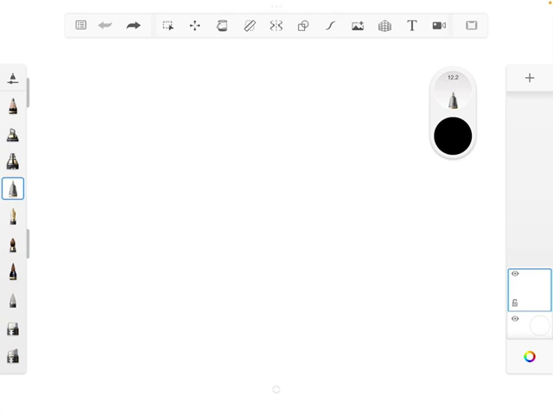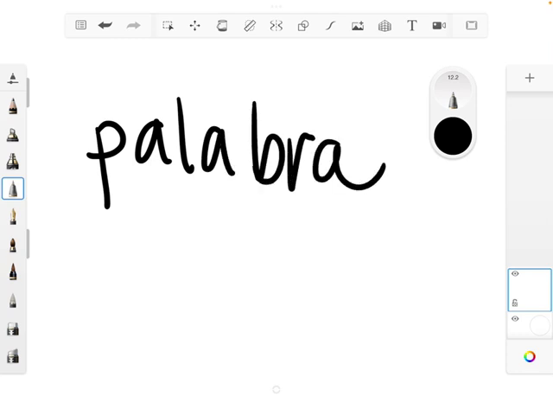So a word that does not have an accent will always stress the second to last syllable. So for example, this word, in a word that has no accents, you always stress the second to last syllable. So when you're pronouncing this, you count your syllables. And a syllable is basically where you break the word based off the vowels. So we have P-A-L-A-B-R-A. So we want to do the second to last syllable. So 1, 2.